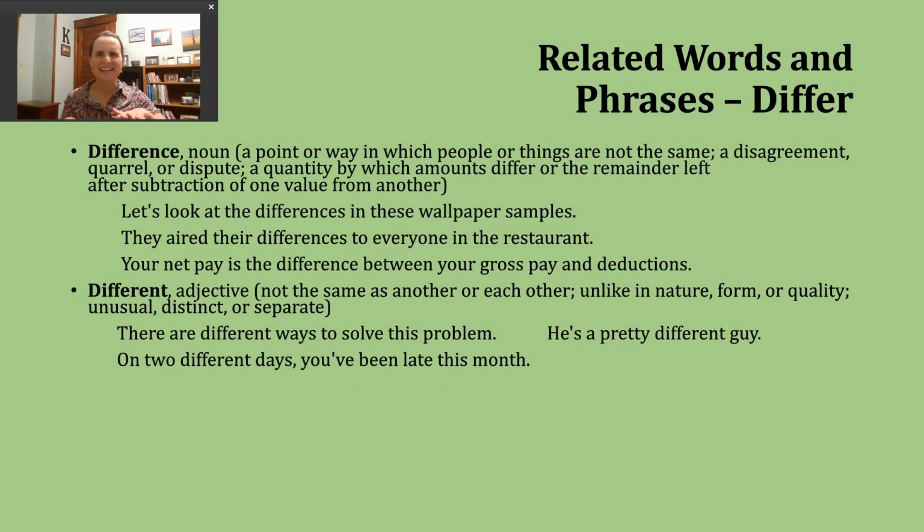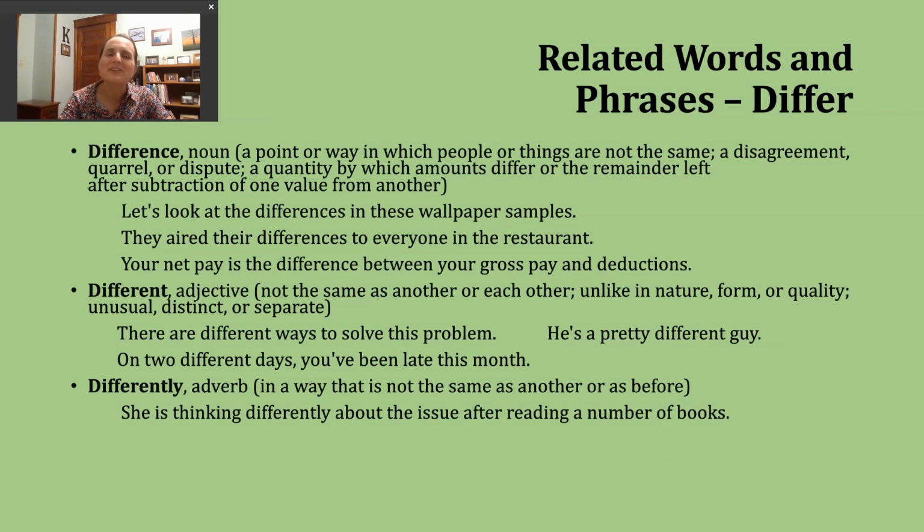Might be saying, right, this is not like other people. Okay? Another way to use different can mean unusual, distinct, or separate. An example of this: on 2 different days, you've been late this month. Right? So they're sort of noting 2 distinct days or 2 distinct times.